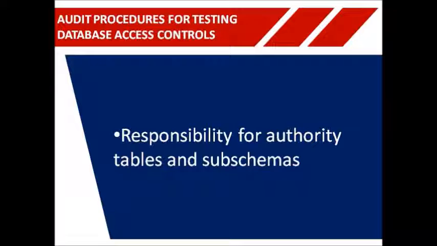First, by reviewing company policy and job descriptions, which specify these technical responsibilities. Second, by examining programmer authority tables for access privileges to data definition language, or DDL, commands. And third, through personal interviews with programmers and DBA personnel.